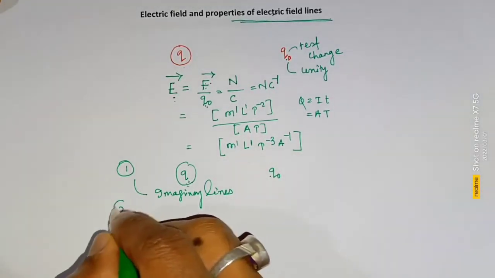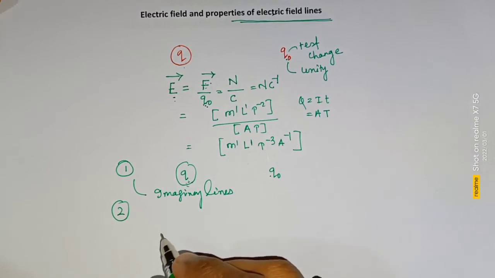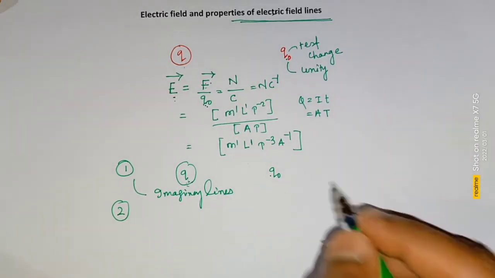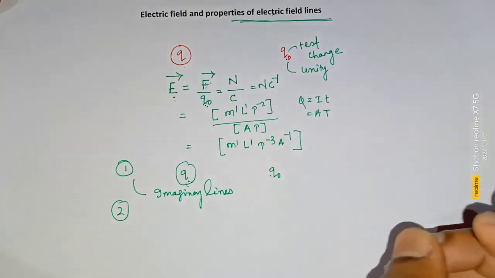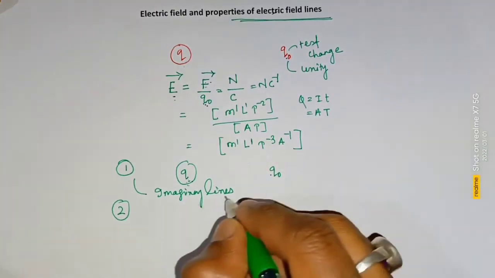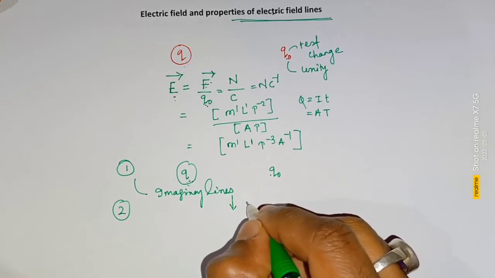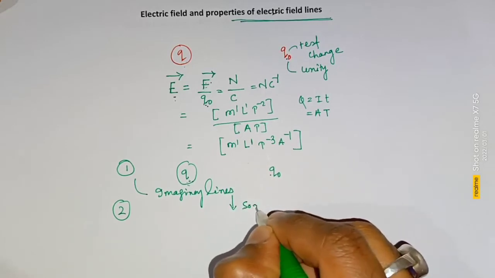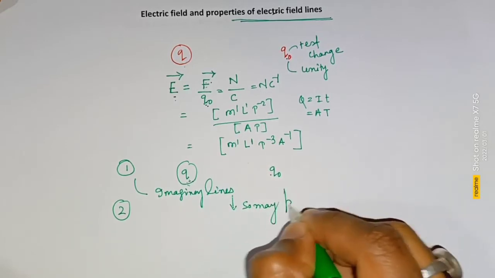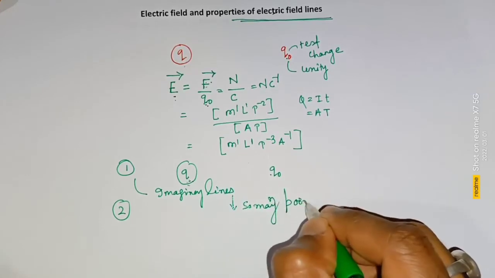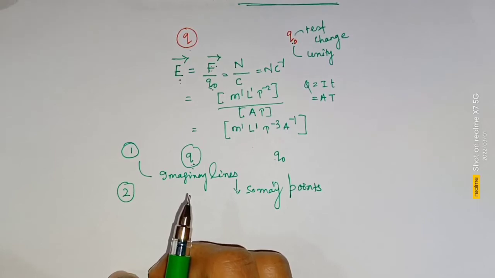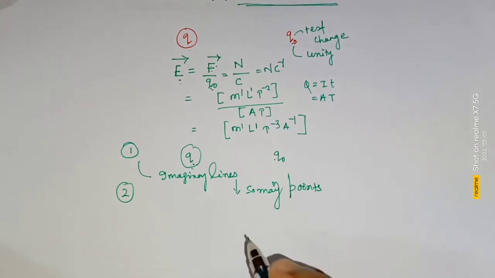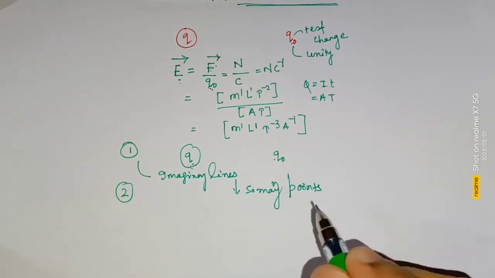Second most important thing is what? Whatever imaginary lines we draw, each line is a combination of so many points. So these imaginary lines are the combination of so many points. The tangent drawn at any point will give the electric field intensity direction at that point.